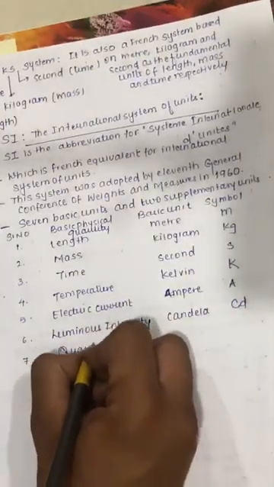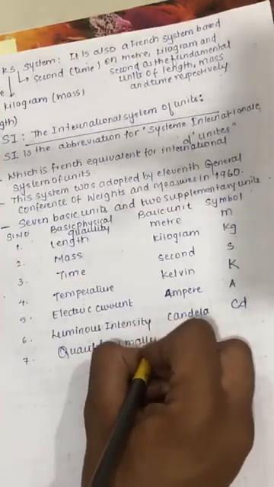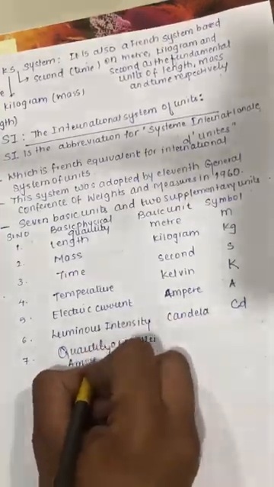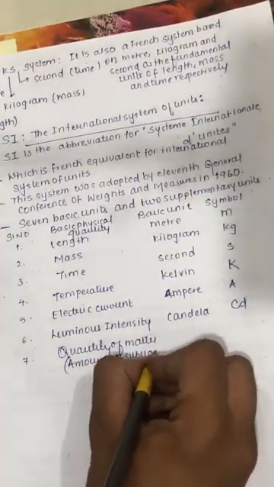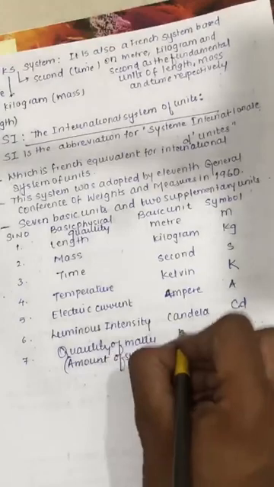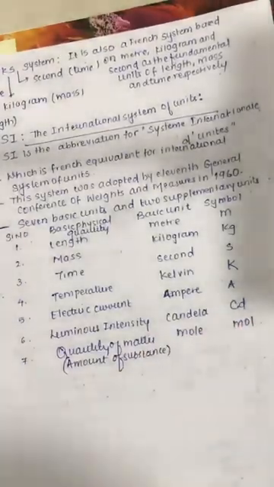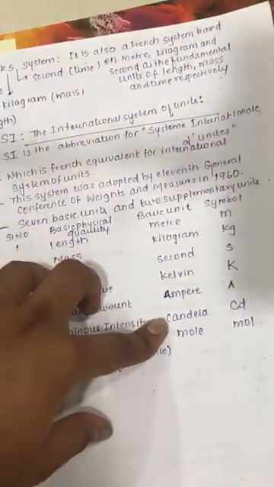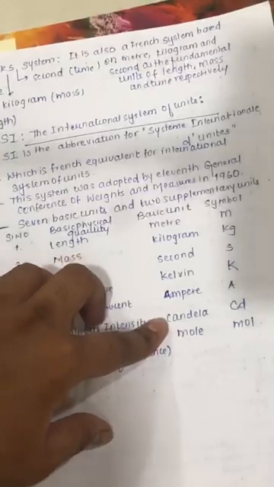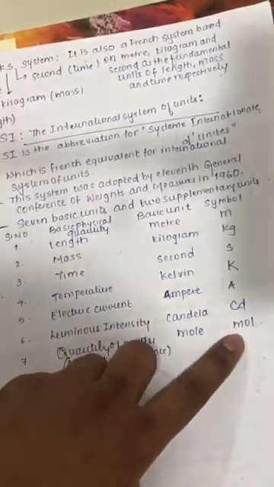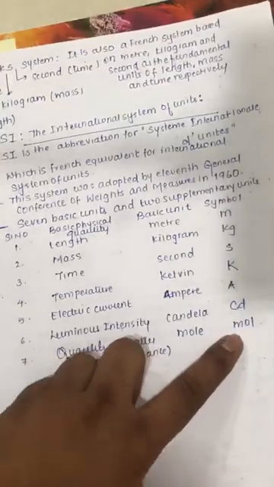Quantity of matter, or more it is known as amount of substance, in some books it is written amount of substance. Unit is mole. Remember one thing, the unit we write is MOLE, and the symbol is MOL.